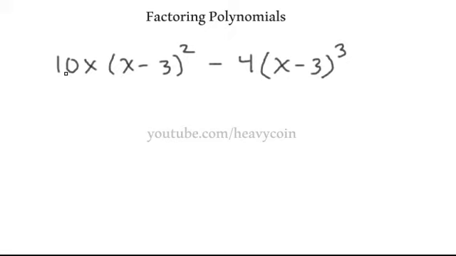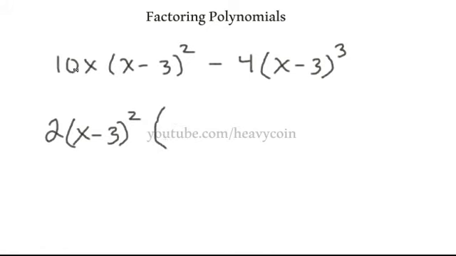Okay, what's the largest number that goes into both 10 and 4? I'm thinking 2. Alright, so we're going to be able to pull a 2 out also. So I'm going to go ahead and do that. Pull this 2 out, and we're pulling out an x minus 3. Remember, we choose the one with the smallest exponent.